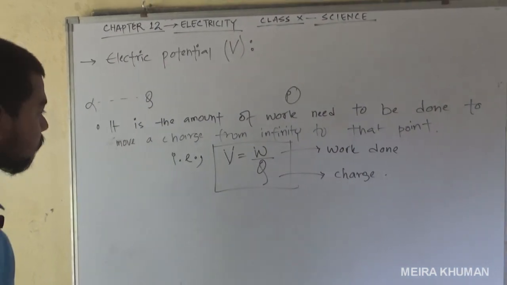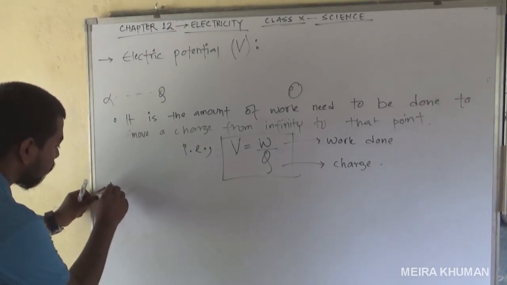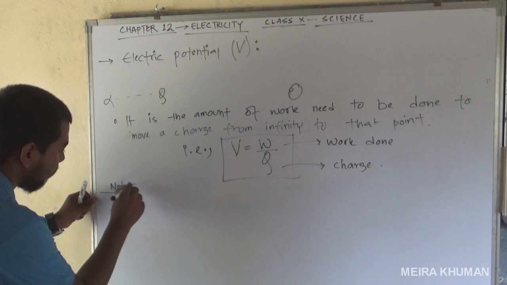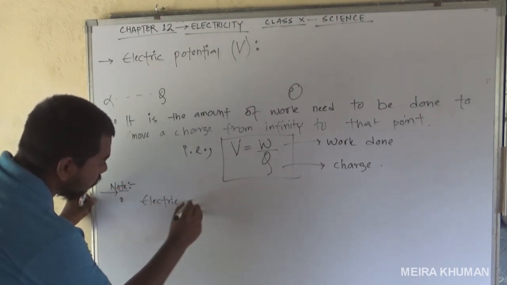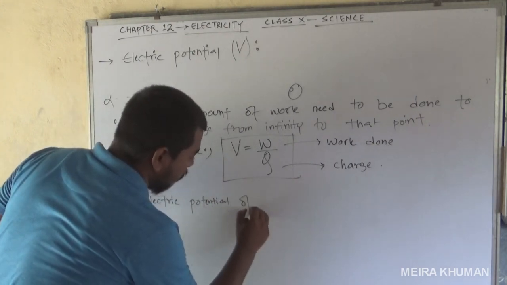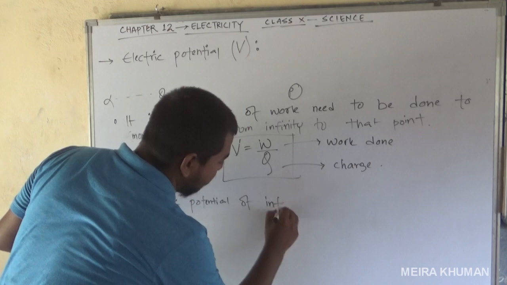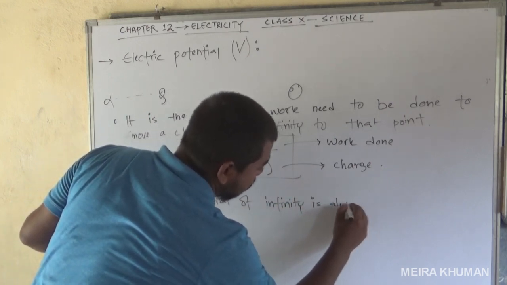Clear that much? So there is a point you should remember. You can make a note like this: electric potential of infinity is always zero.